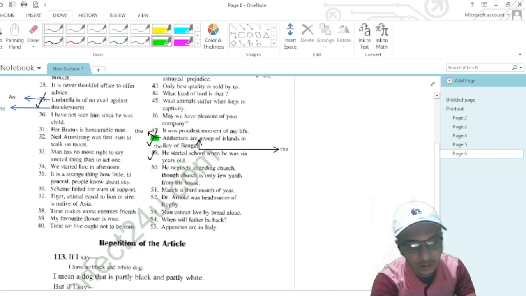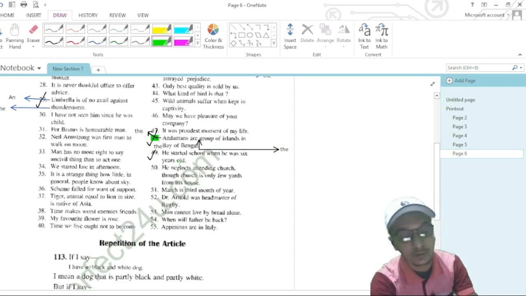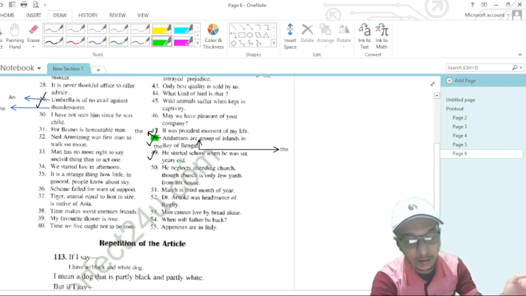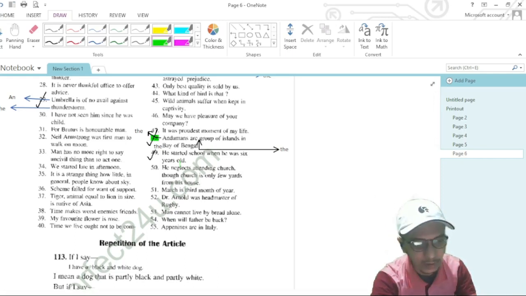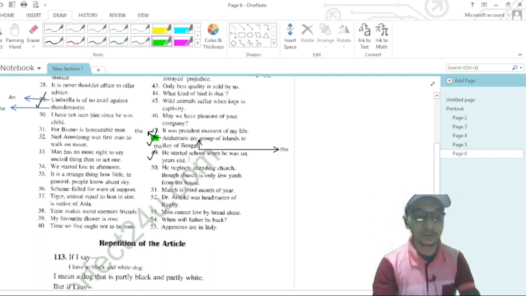The group of islands denotes all the Andamans; the total islands are denoted as the group. He started school when he was 6 years old. In this sentence there is no correction. This sentence is absolutely correct.